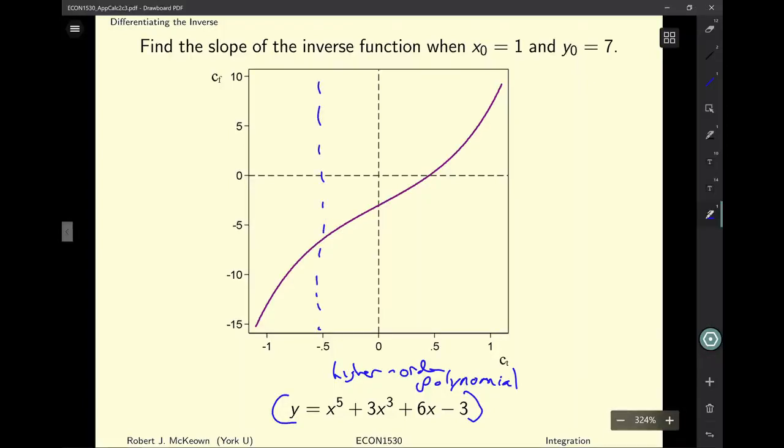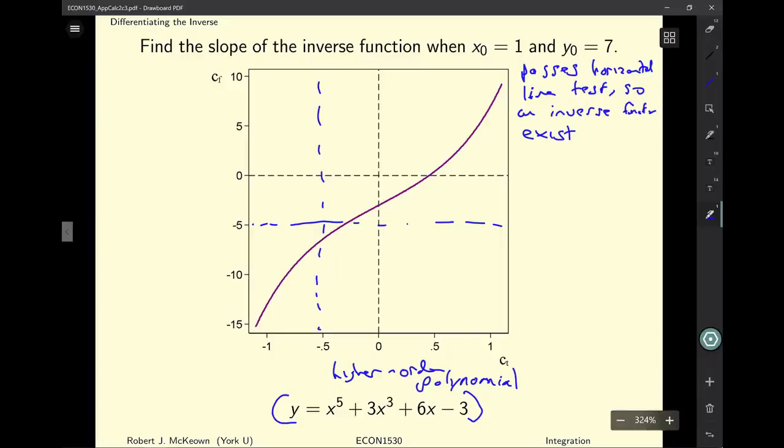It passes the vertical line test, and it also passes the horizontal line test. So an inverse function exists.